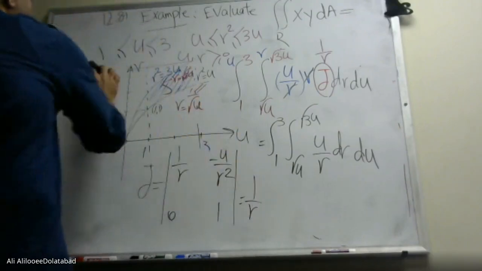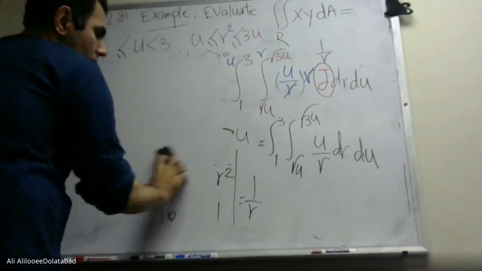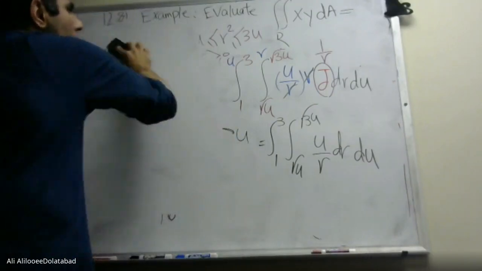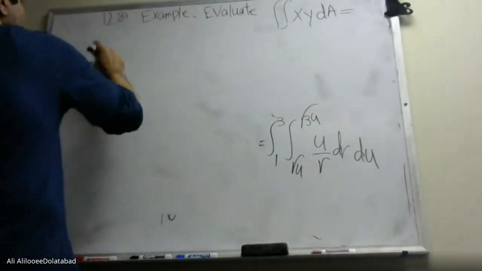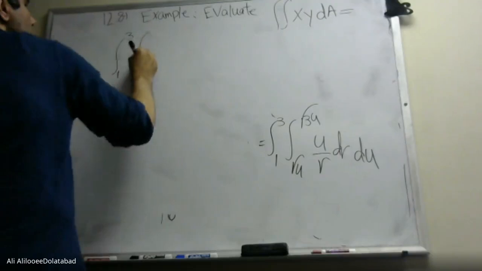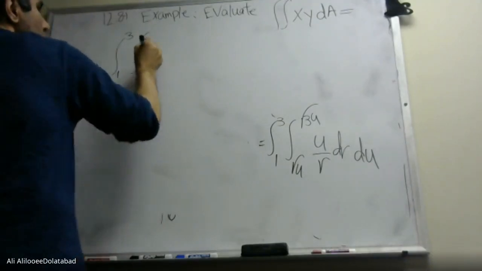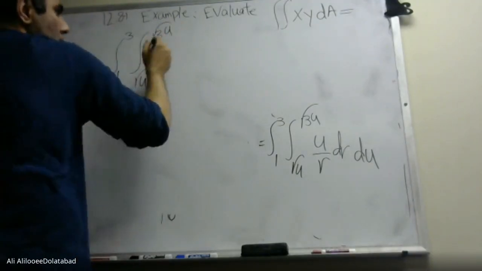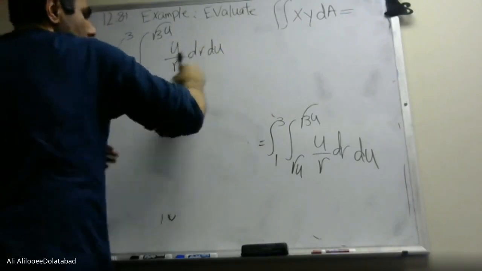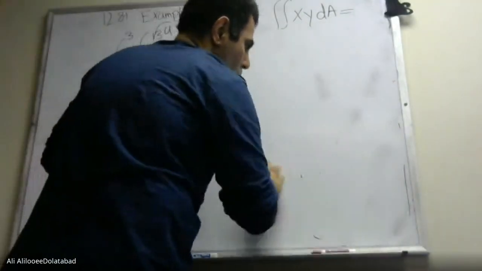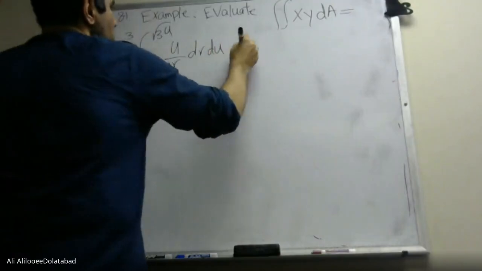Okay, so let me erase here. Then I have integral 1 to 3, root u to root 3u, u over v, dv, du. So I will integrate with respect to v first.